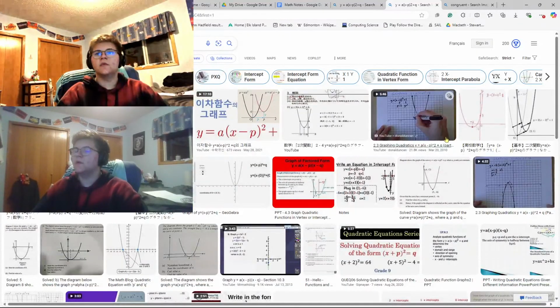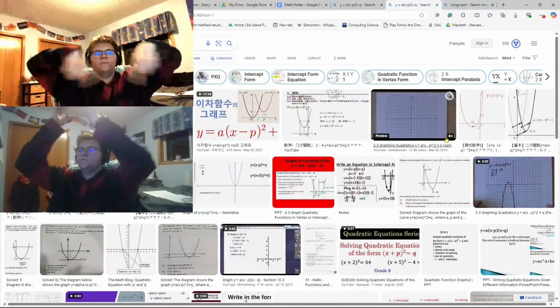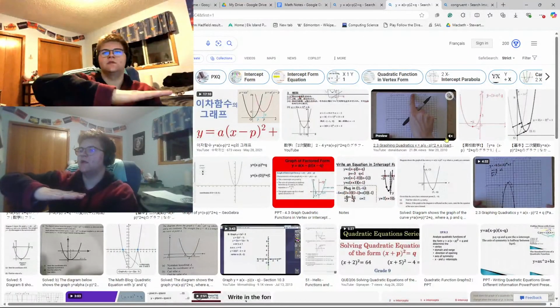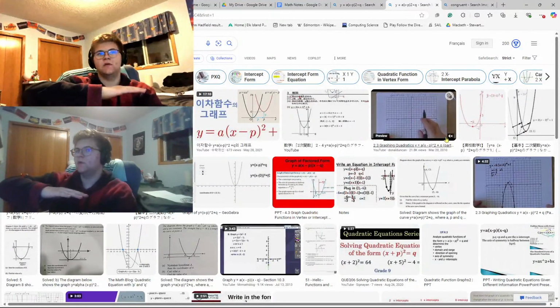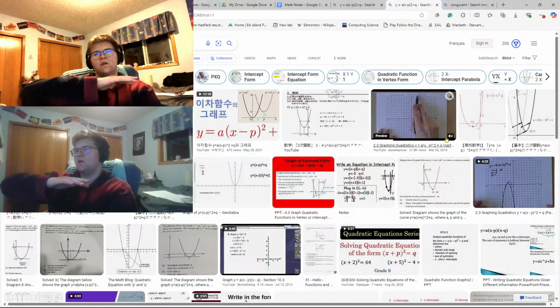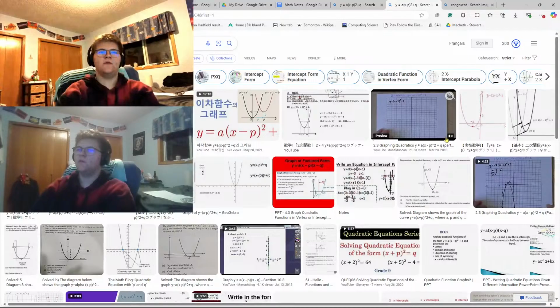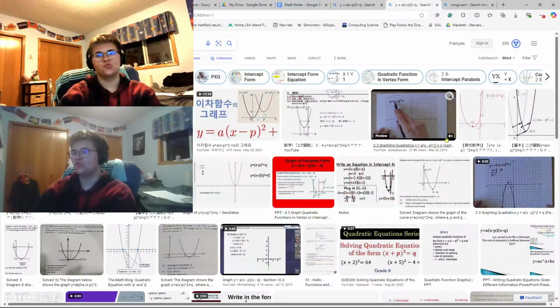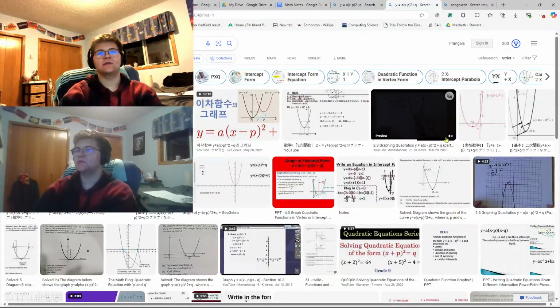Yeah, I got that, but what would this be? This would be the x-intercepts, right? Wherever the y... It's like max would be y.